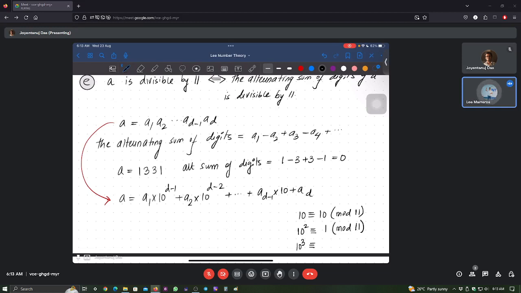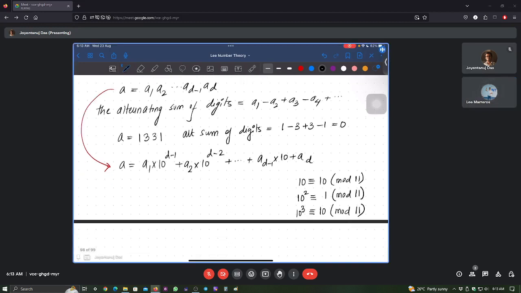It would be 10, yes, that will be 10 mod 11. So you can check that 10 power 4 will be again 1. So it is alternately doing that.